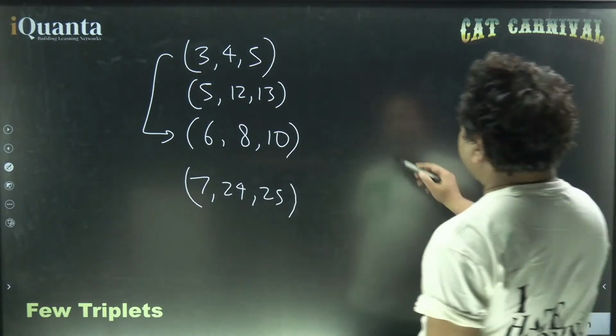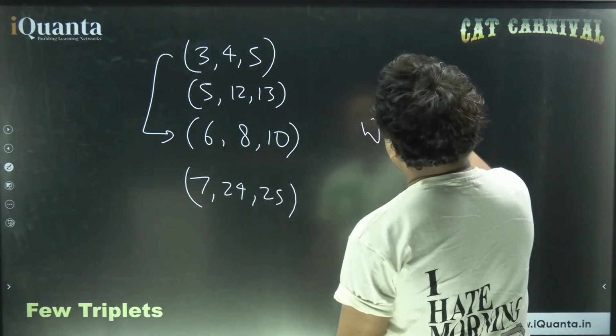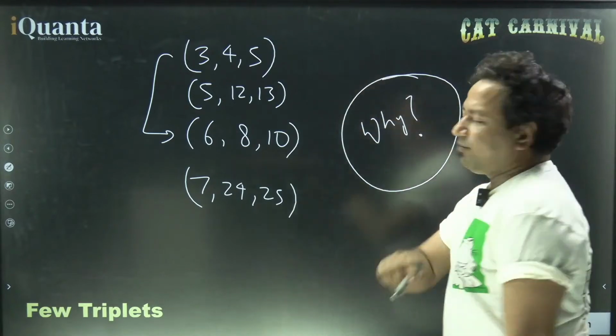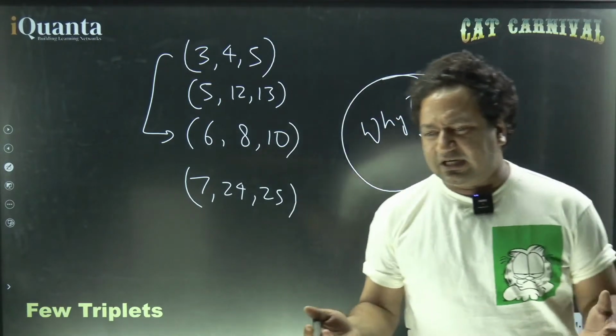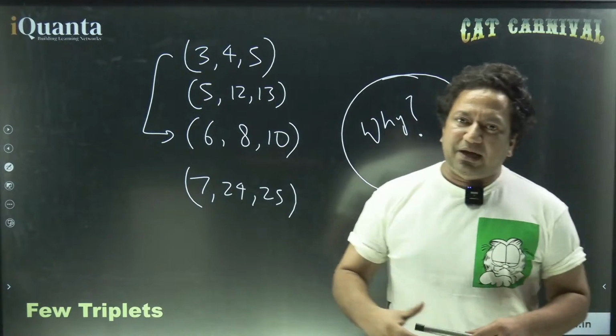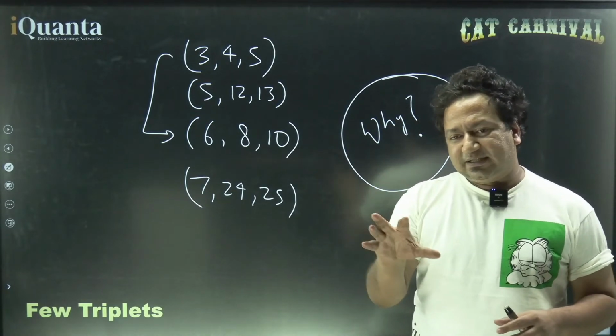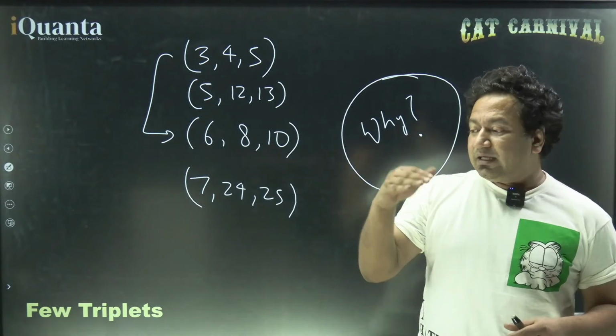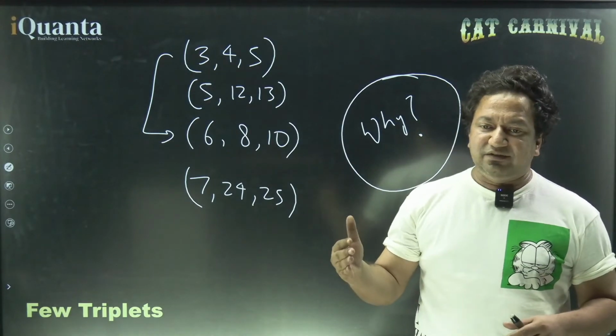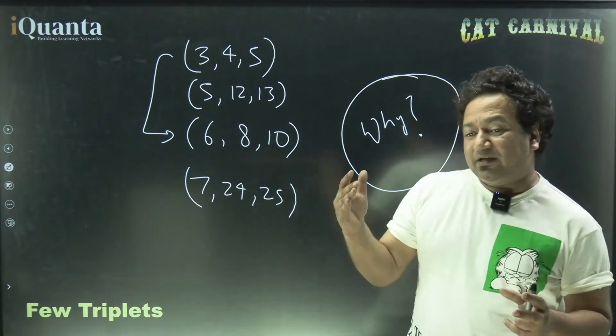Why is it important? Why are we doing this? That's the question. In geometry, which is not yet done in your batch, when we have questions of triangles, circles, etc., there are a lot of chances in which there's a right angle triangle following the triplet.